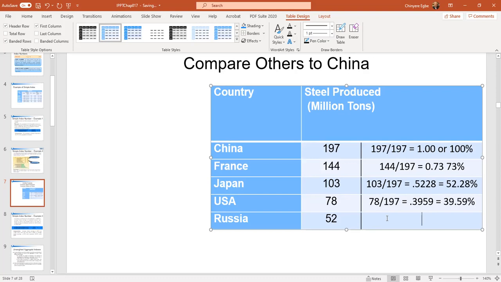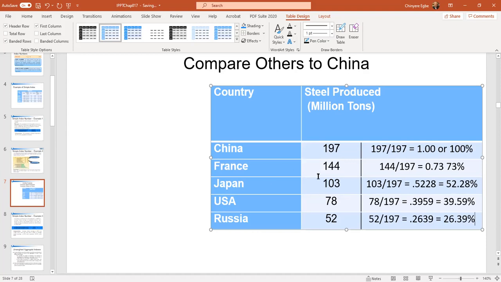All right. So let's just do the last one. Okay, 52 to 197 equals 0.2639, which is equal to 26.39%. All right. So essentially, this is what is called a simple index.